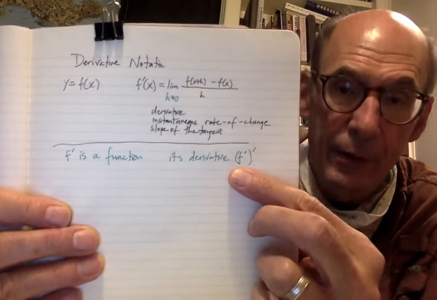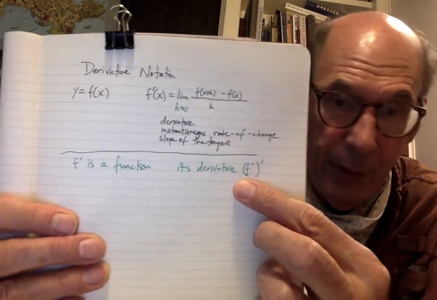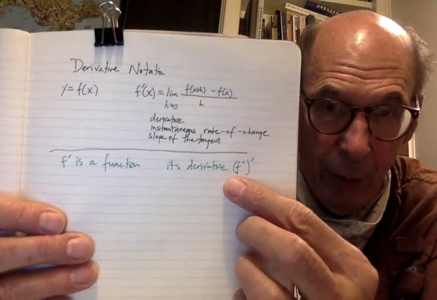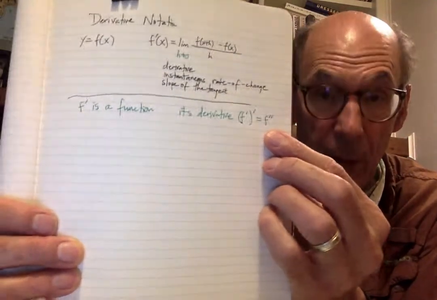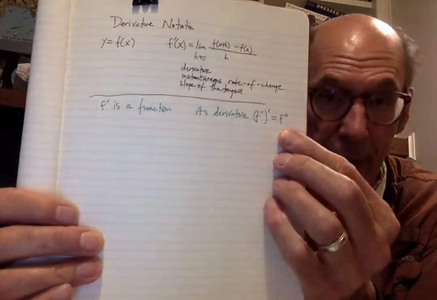So there's a function, and then you put it in parentheses to kind of glue it all together, and then you take the derivative. The notation for this is f prime prime. Well, no one says it that way. It's f double prime, and that's a very common way of talking about it. So that's the second derivative. And then there's a third derivative, and there's a fourth derivative, and in some applications you go on taking derivatives until you run out of energy or your mom calls you in for dinner.